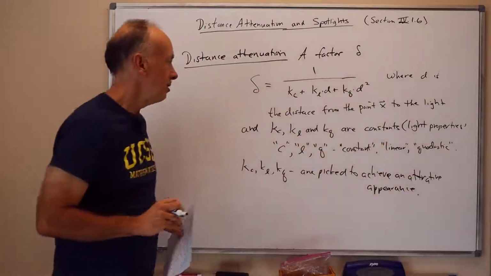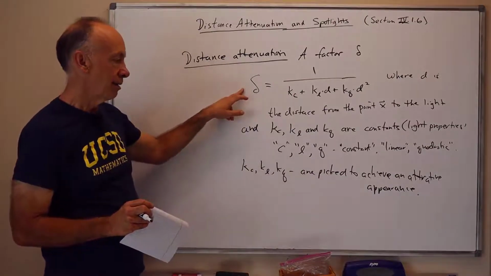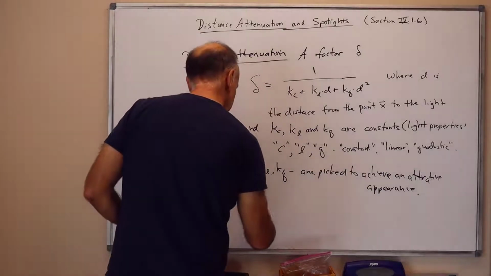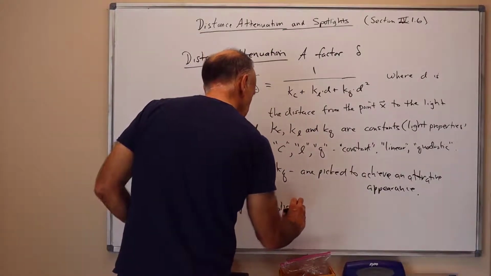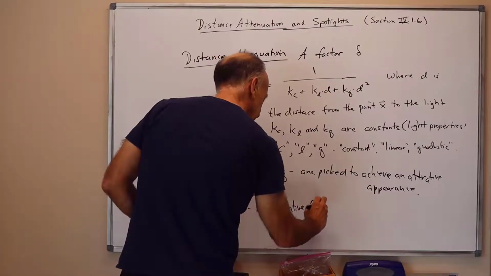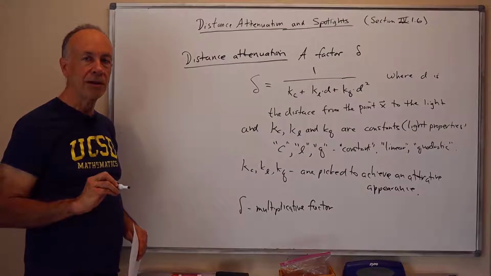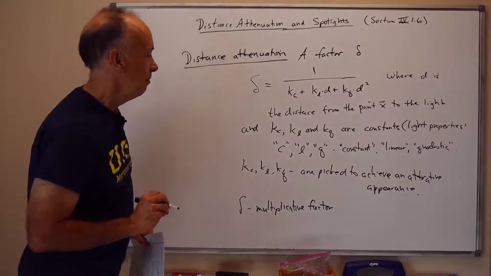And so this is the formula for the diminution of light with distance. And so delta, we'll see in the final board, is a multiplicative factor on the intensity of the light that will affect the diffuse and specular components of the light. So let's talk about spotlights next.